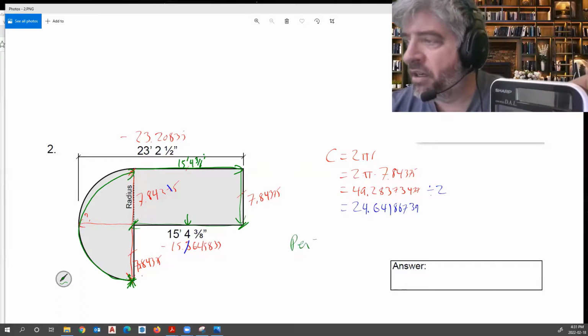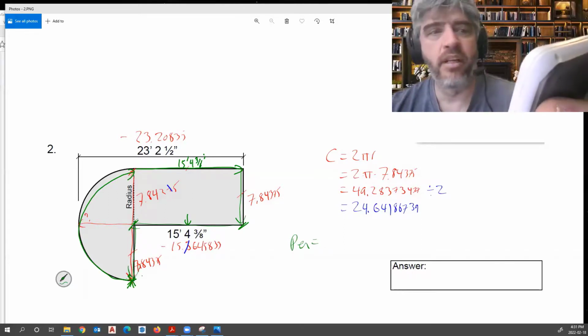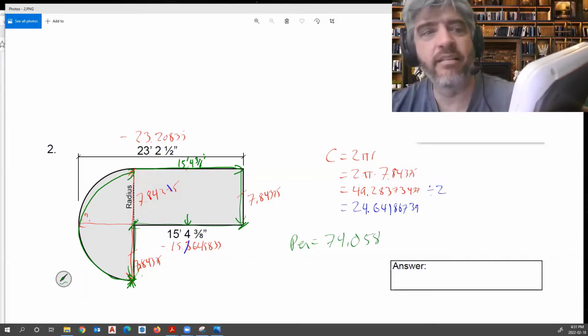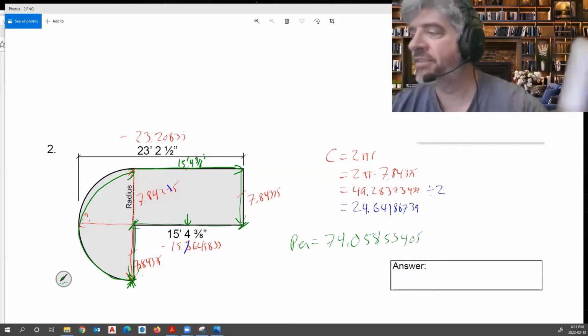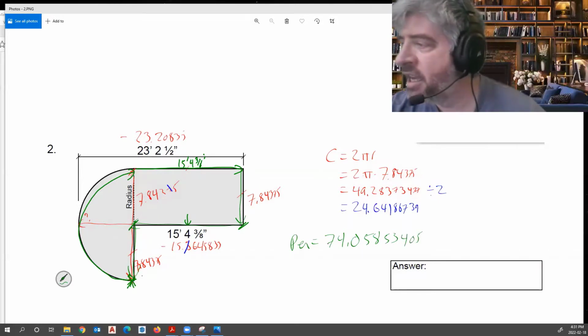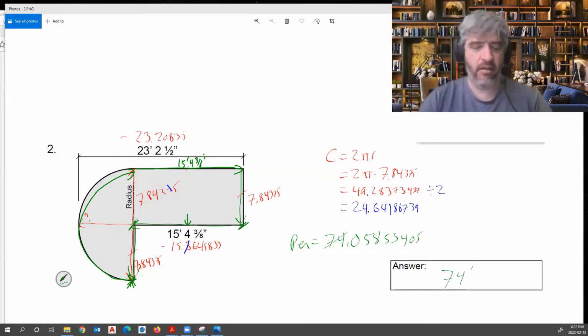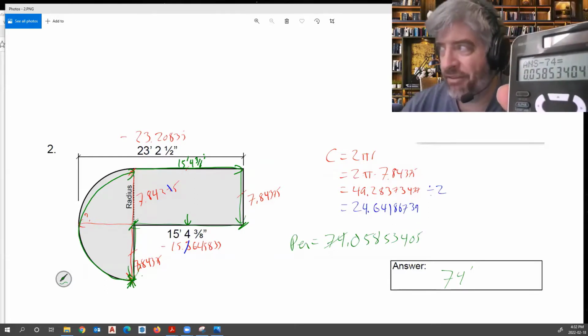So perimeter equals, because I just added this last one in, 74.05853405. So answering this, I know I have 74 feet. I can erase that from the calculator, so minus 74. It leaves me with 0.05.